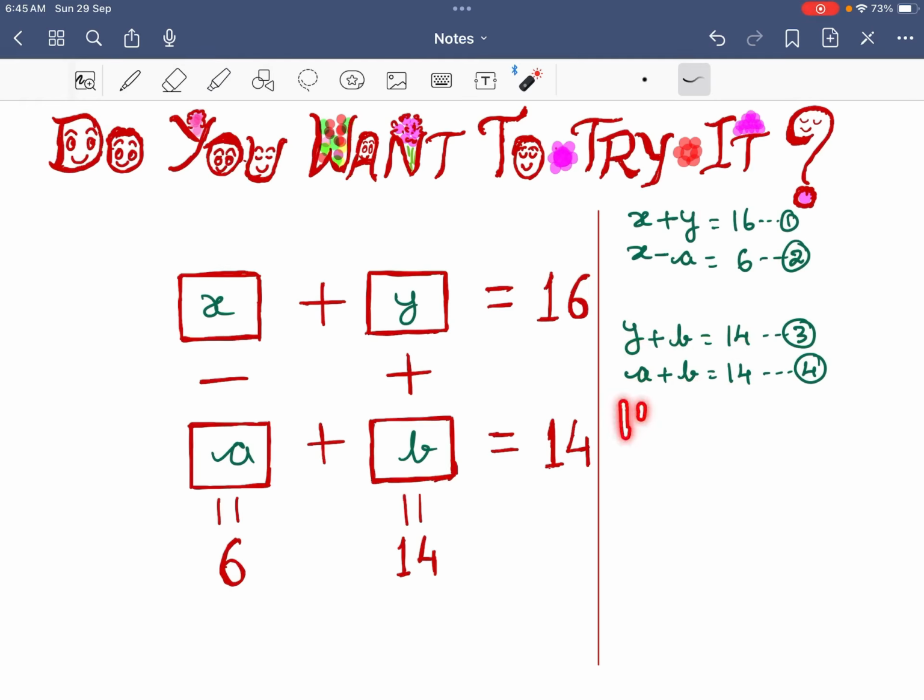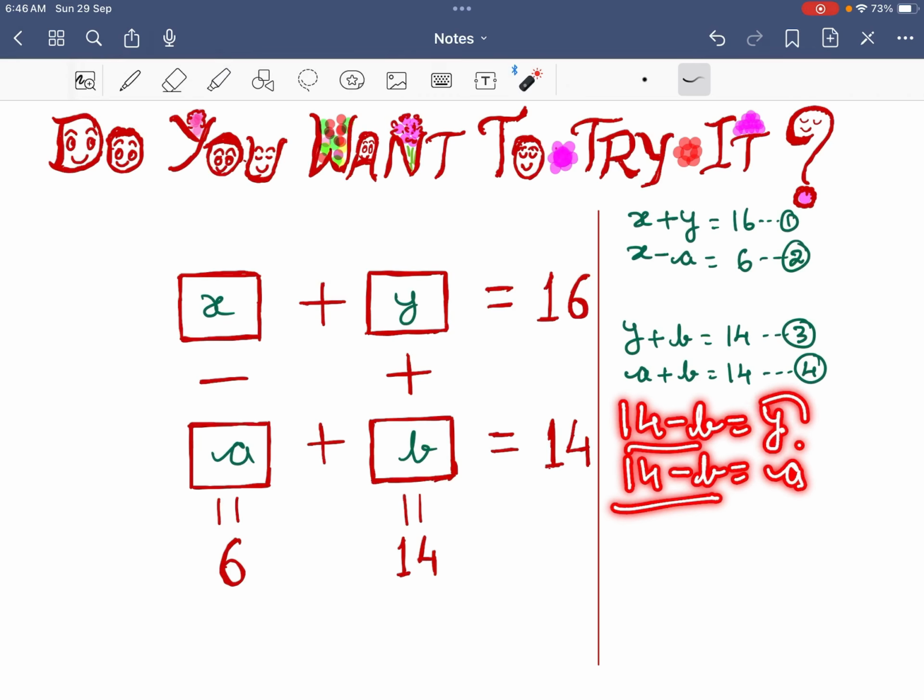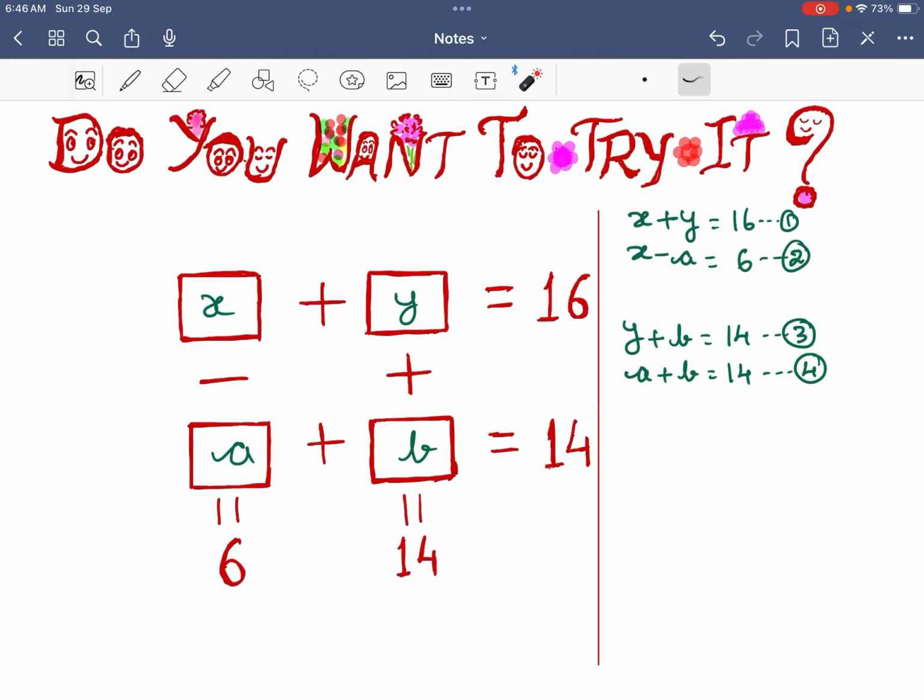That means y is equal to a. How? 14 minus b is equal to y, and 14 minus b is also equal to a. So this is the same, so they will be equal. In both the cases we are getting y is equal to a.